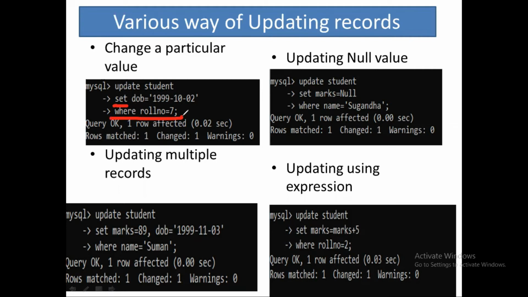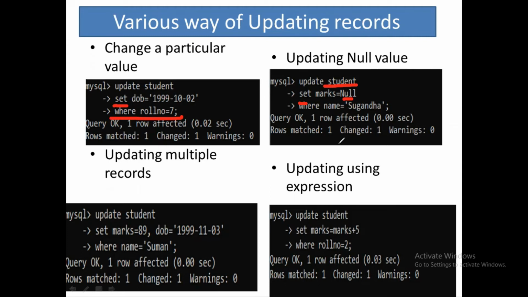The second way is कि अगर आपको कहीं null value डालनी है, null means you don't know the value. So if you want to put that, you can write like this: UPDATE table का नाम, that is student, SET. किसमें वैल्यू डालना चाहते हैं? मार्क्स में. What value do you want to put? NULL. लेकिन किसका? Again, if you will not put WHERE name is equal to Sugandha, what happens?